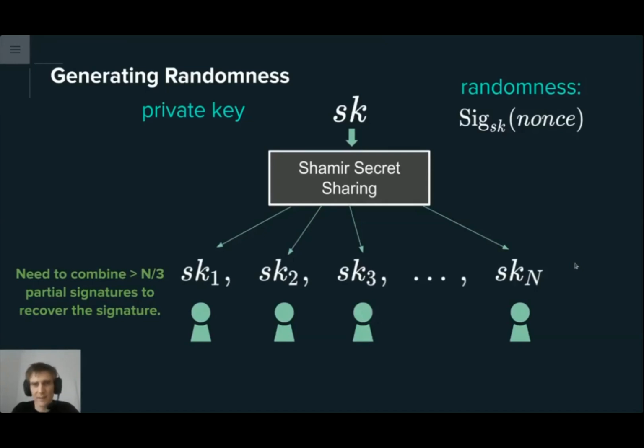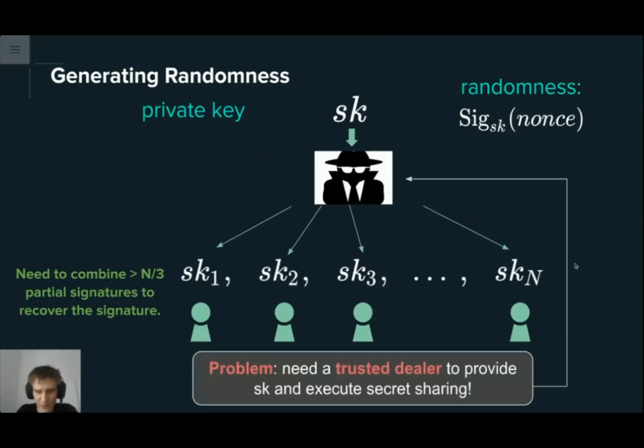It is shared, and only upon signing is the signature, which gives the randomness, uncovered. The problem is always with the dealer: we need a trusted dealer to actually do the Shamir secret sharing, and we don't want trusted dealers for consensus protocols.